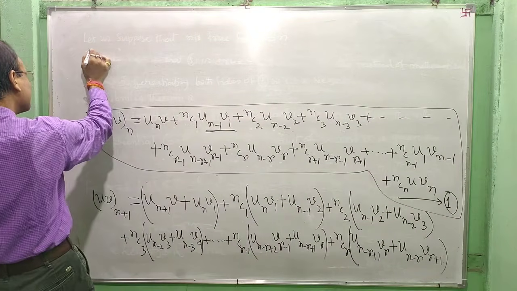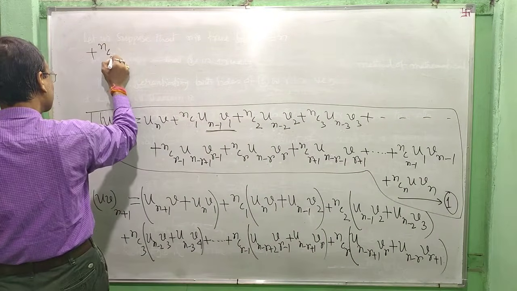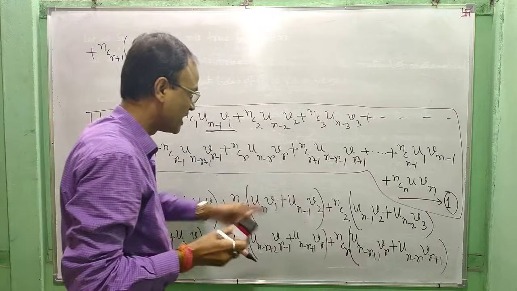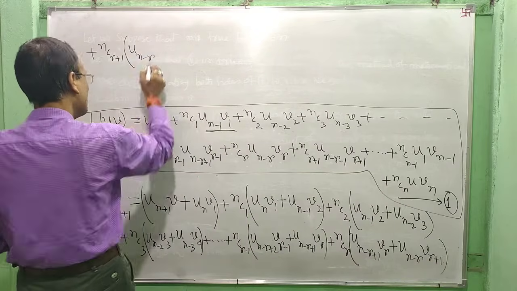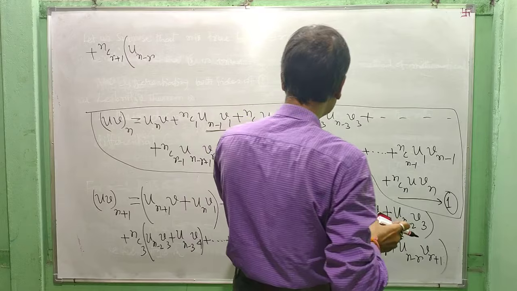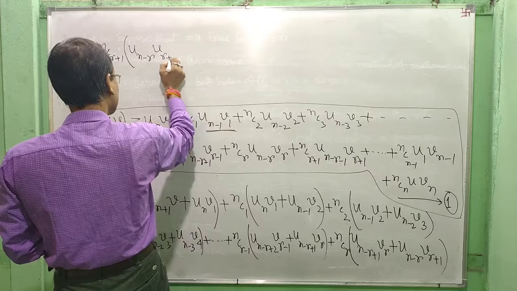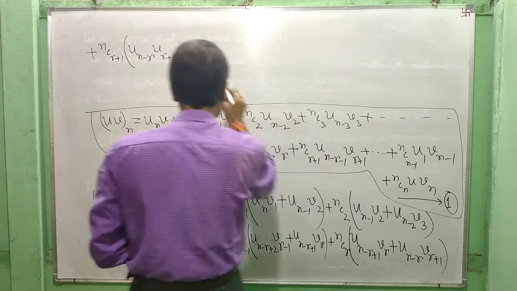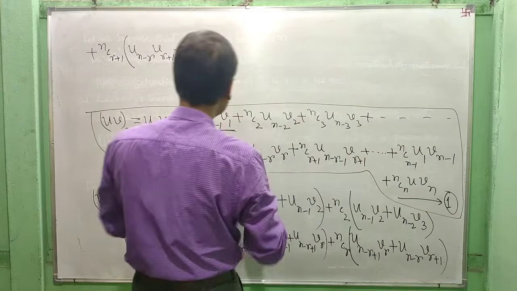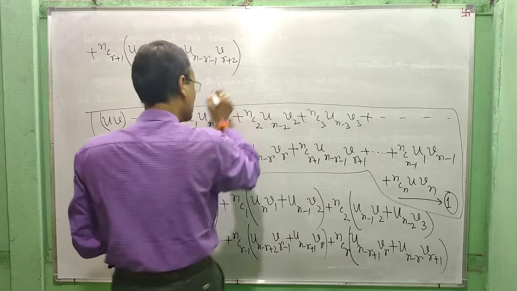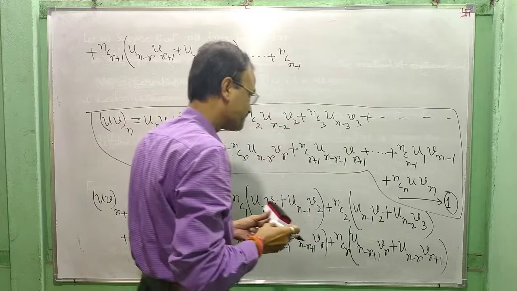Plus nC(r+1). Differentiate this: u^(n-r) v(r+1) plus u^(n-r-1) v(r+2). Differentiate this, v(r+2), plus nC(n-1).